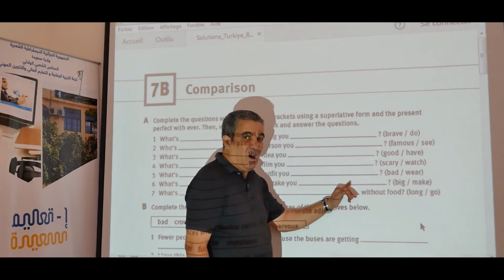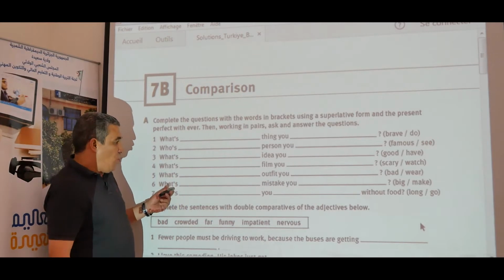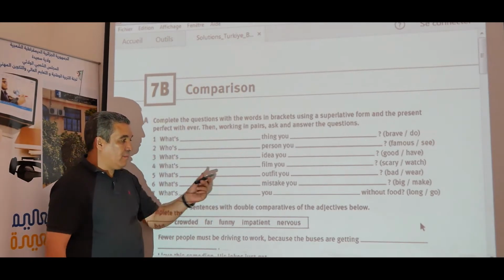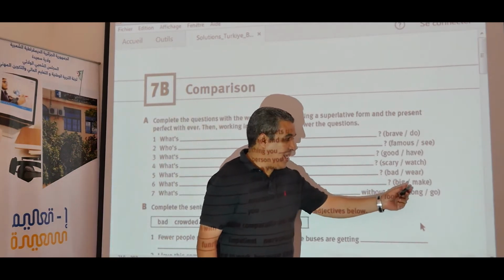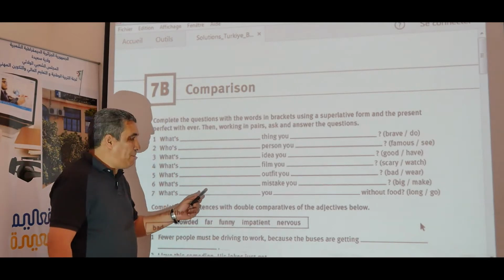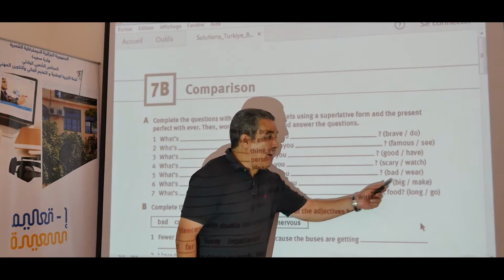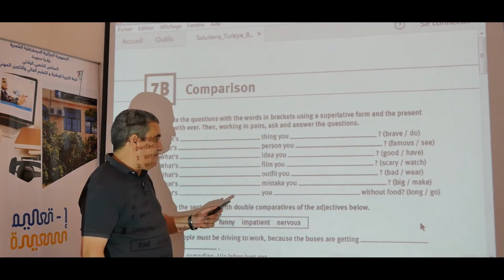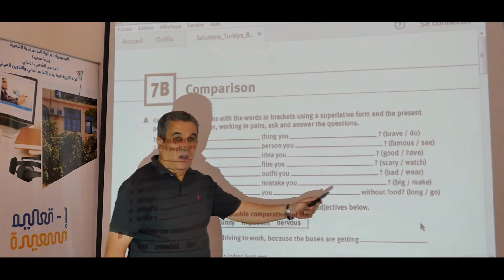Then, six, the adjective is big, and the verb is to make. So, what's the biggest mistake you have ever made?